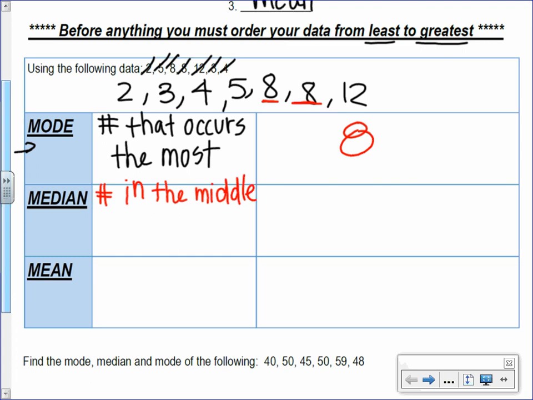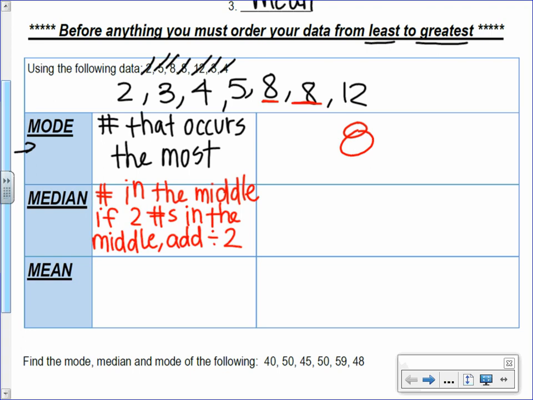Now, sometimes you might get two numbers in the middle, and so you have to find what number is exactly in between those. So if you get two numbers in the middle, let's say you have a 5 and a 6 in the middle, you're going to add the two and then divide by 2.